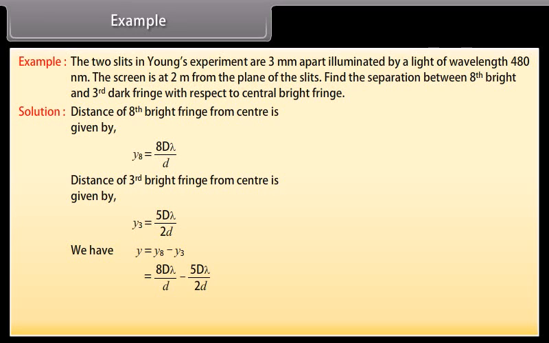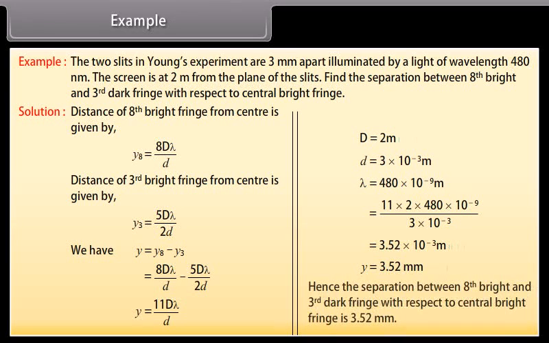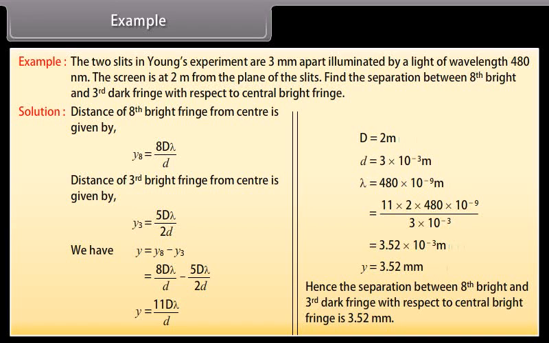By putting the values and calculating, we get y is equal to 11 capital D lambda upon small d. Putting the values in the above equation and calculating, we get y is equal to 3.52 millimeter. Hence, the separation between the 8th bright and 3rd dark fringe with respect to the central bright fringe is 3.52 millimeter.